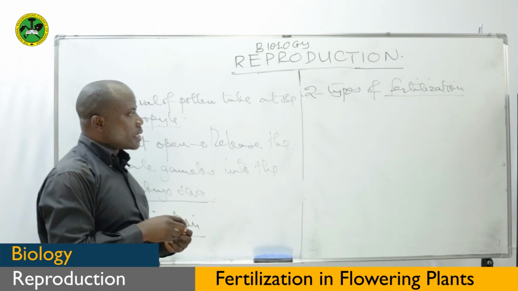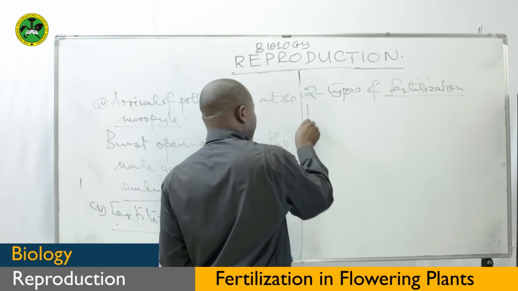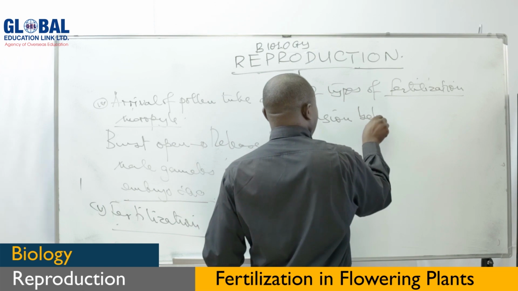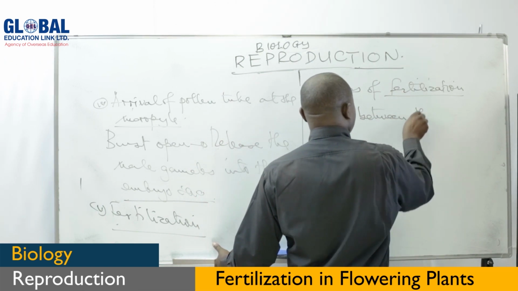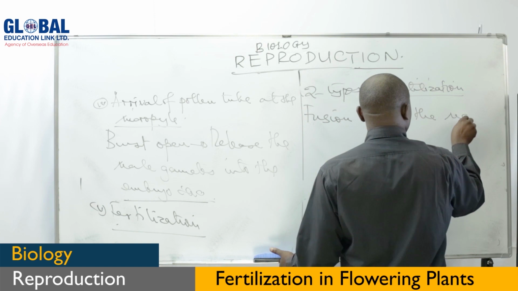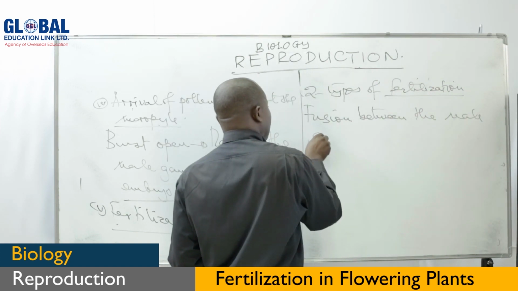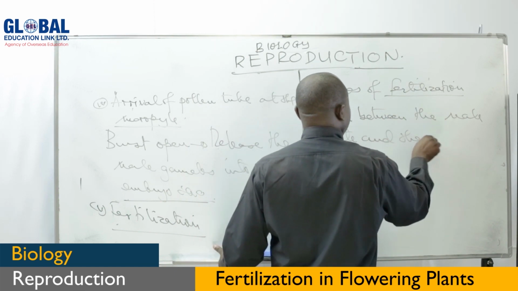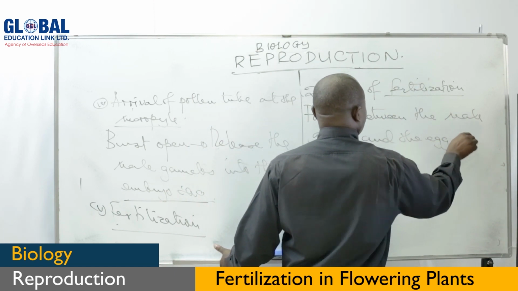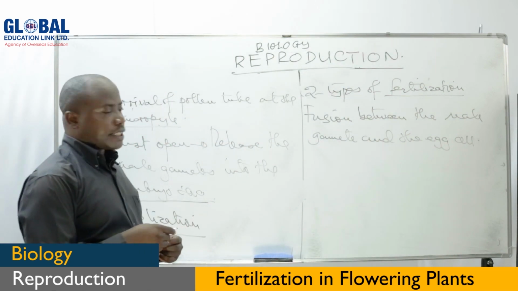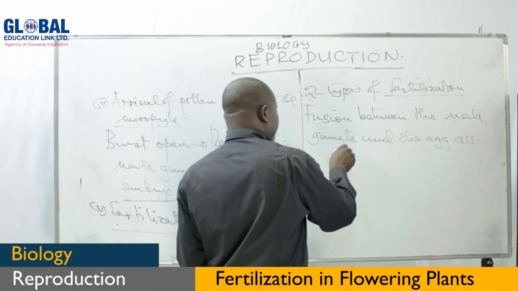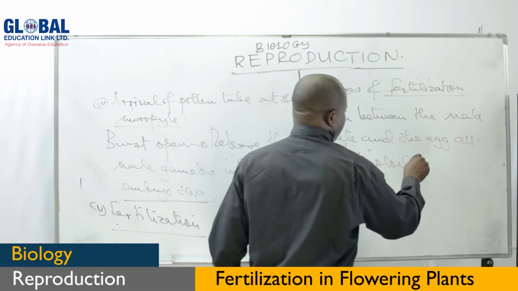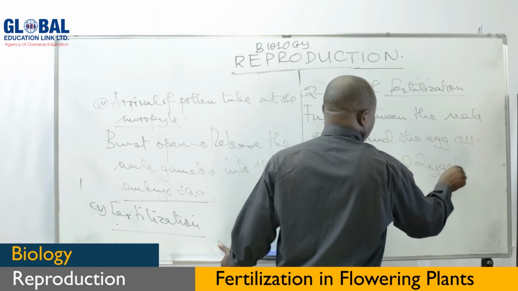The first fertilization involves fusion between the first male gamete and the egg cell. This process leads to formation of a diploid zygote.